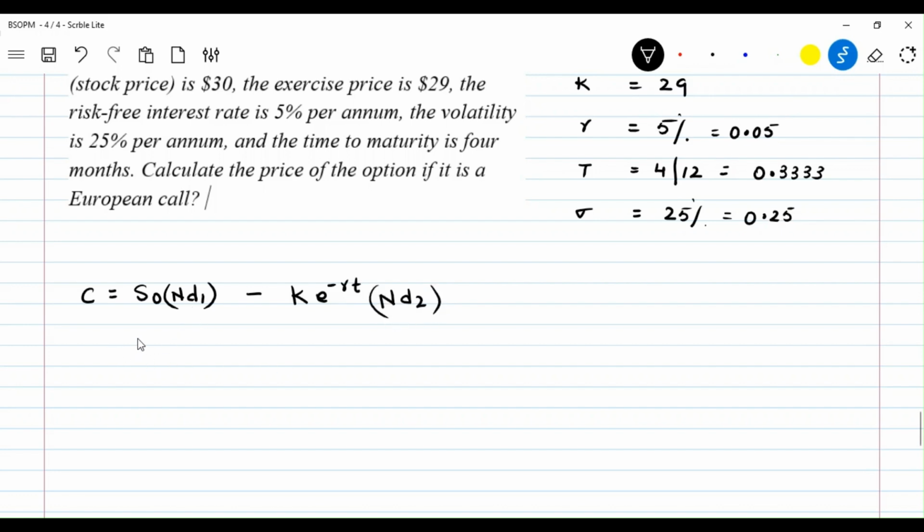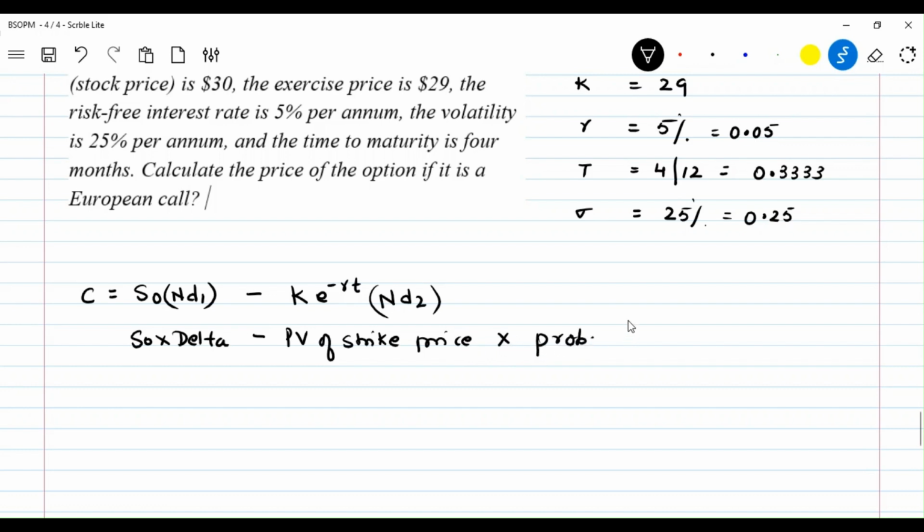Now, ND1 means spot rate times delta, so how much sensitivity there is in the stock price, which affects the valuation. And K raised to the power minus ERT is basically the present value of your strike price, times ND2, which is again a probability.